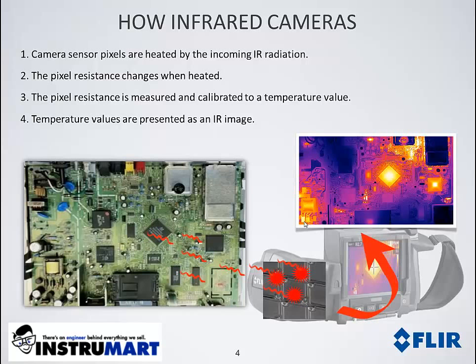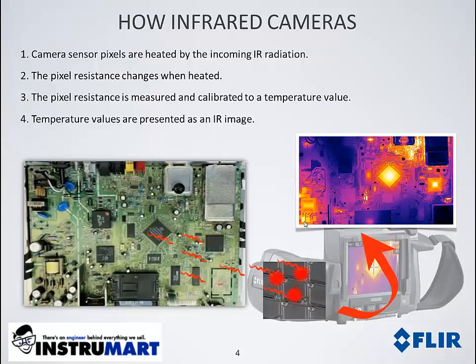Now, with the lens of our camera, we can focus infrared radiation onto these detector elements. And as the radiation strikes our elements, they heat up, and their respective resistance changes. Using a readout integrated circuit in our camera, we can measure the resistance change for each of the several thousand elements and convert the readings into a digital count.